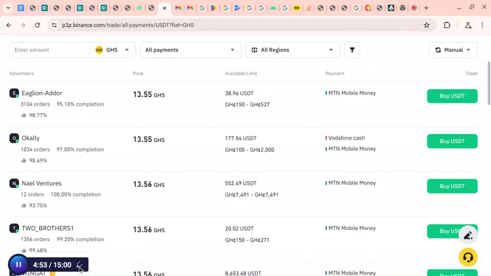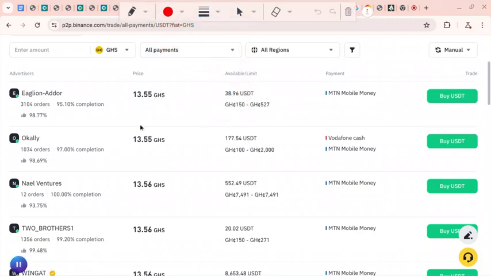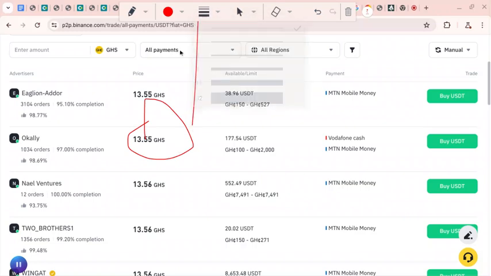So you can choose to buy your USDT now with this rate, say 13.55. Then if it shoots to the top, like 14 or 15 or even 13.9, 13.8, you are still in the profit section.